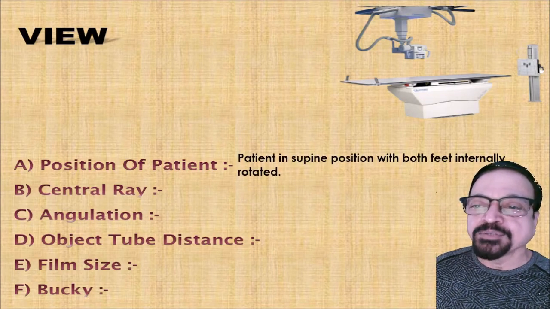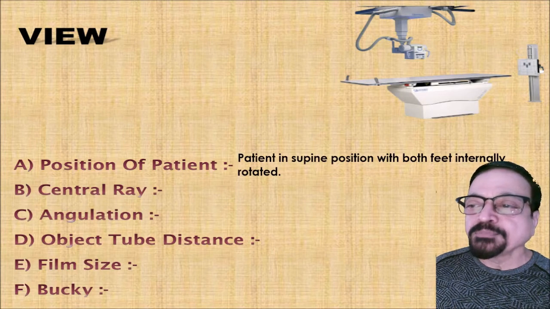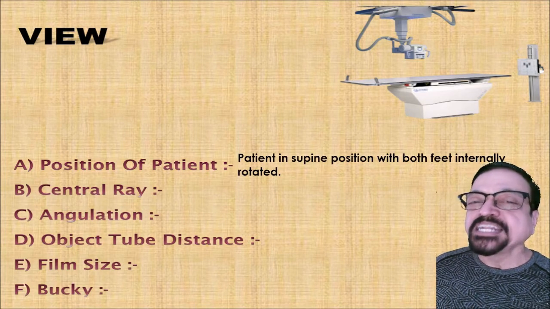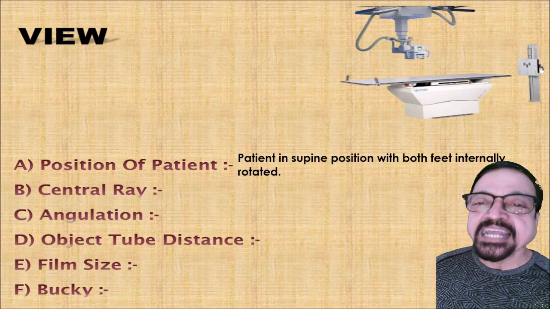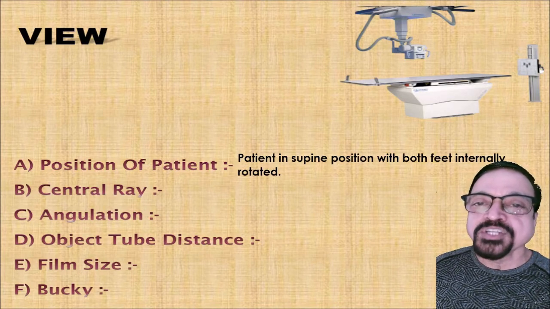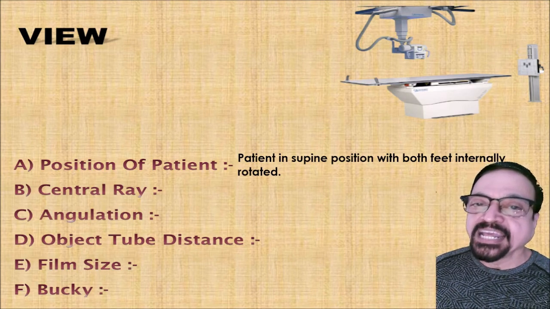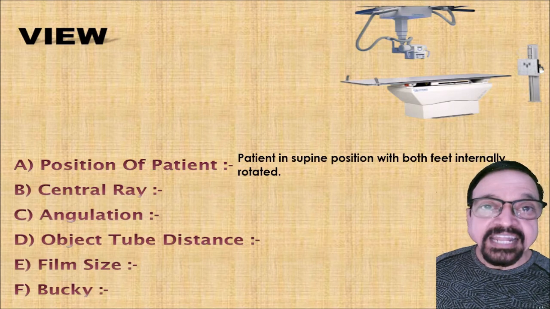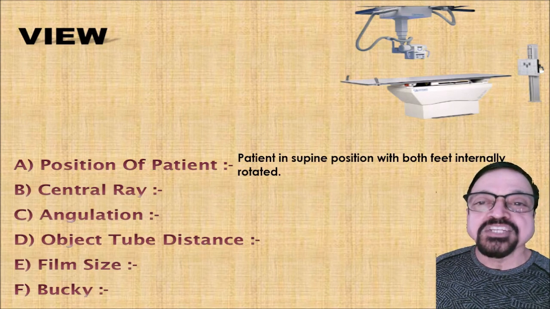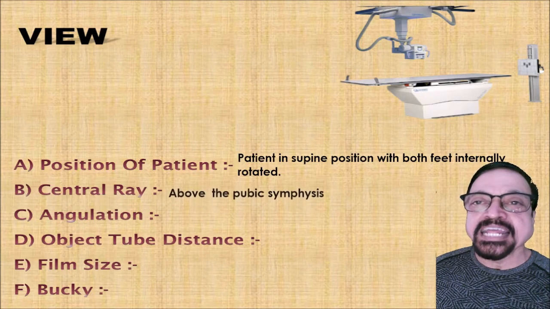Now the patient can be in a supine position with both feet internally rotated. It's the most important and really important thing that the patient's both feet should be internally rotated. If that is not done, then we will not get proper visualization of the neck, and it will be difficult to interpret whether there is any pathology of the neck of the femur.